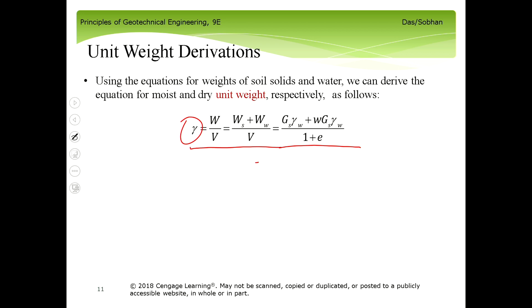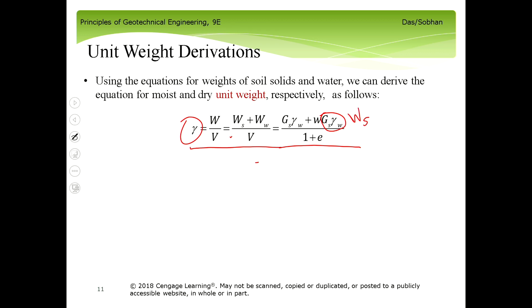We know that unit weight is a ratio of weight and volume, right? And the weight can be divided into two parts in here, right? Solids part and water part. And with specific gravity, we know that the solids part can be written into here, and the water part can be written into here. Why? Because this is WS, right?